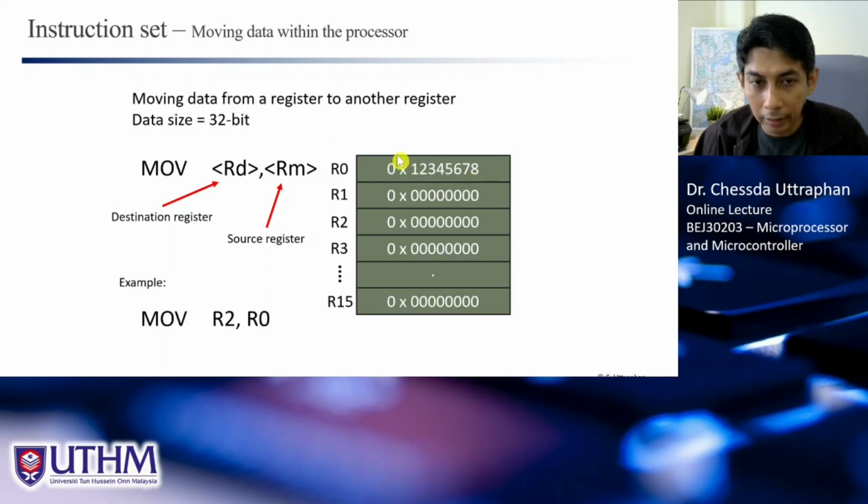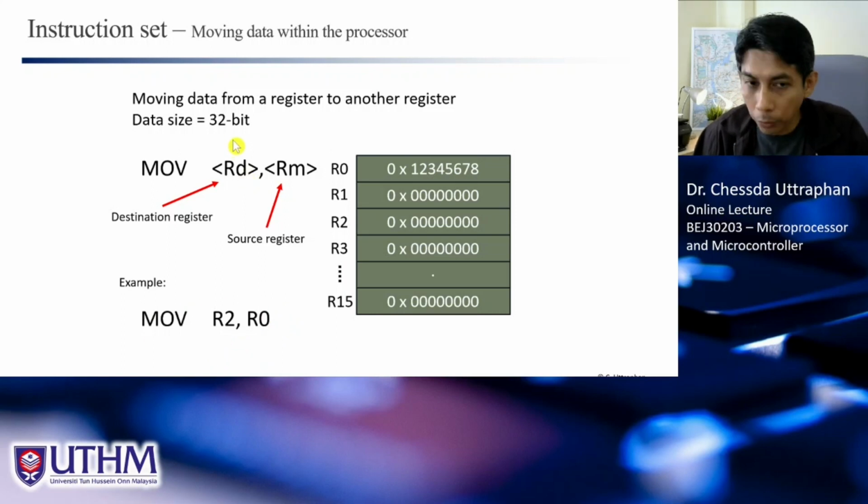Means that the size of R0 here is 32-bit and this is 32-bit data in hexadecimal, 8 digit. So this 8 digit hex value, we want to move to R2. Right? So this is the instruction. Very easy. And the operation is 32-bit.